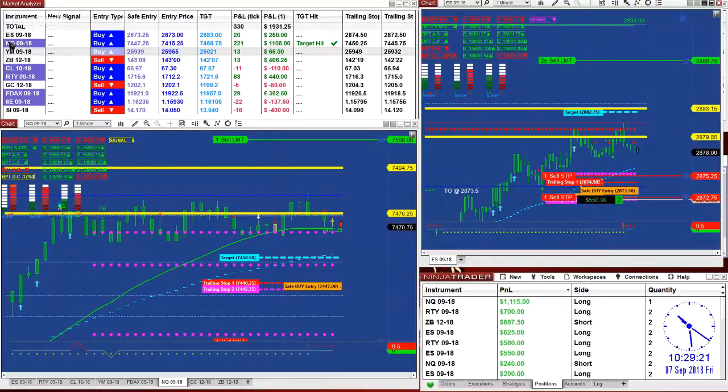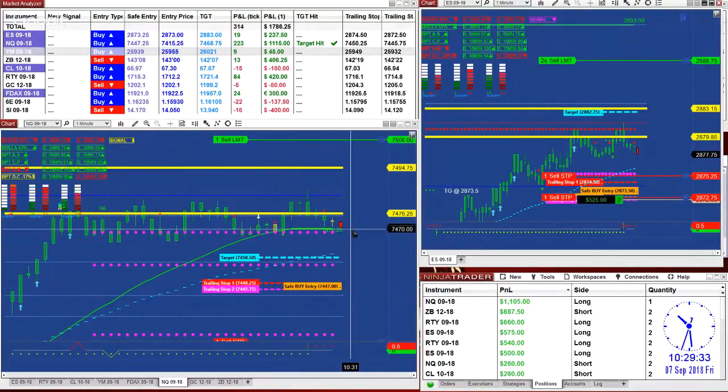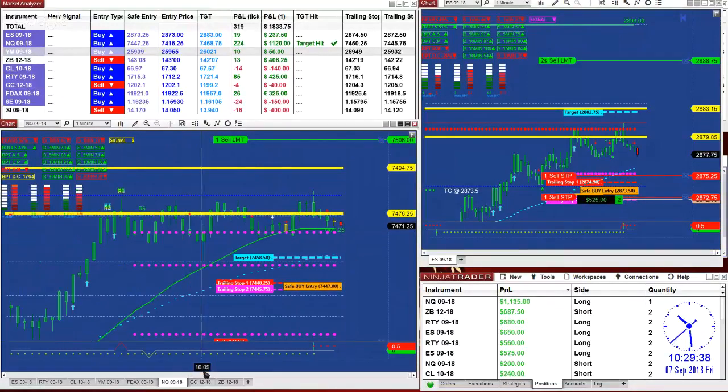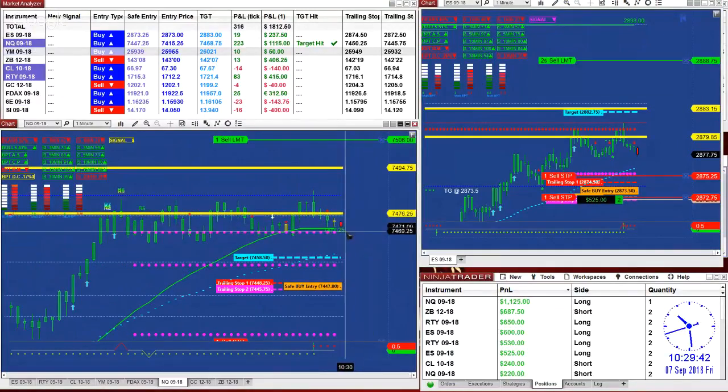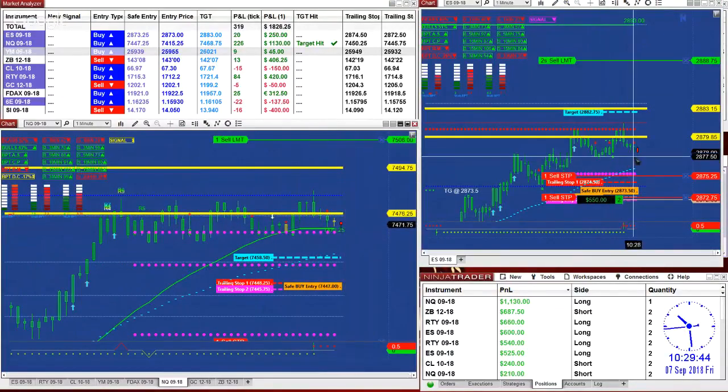Let's see. Can you see where this Nasdaq is holding? Right at your true average price and support. You see? It's refusing to sync with the ES.